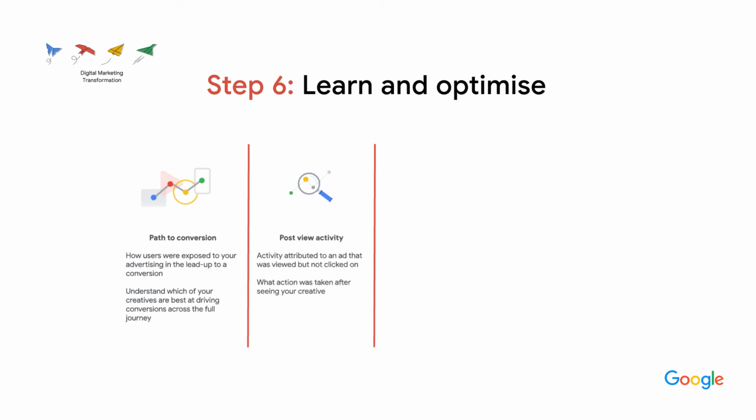Because not everyone clicks on display banners. A lot of people see it and get influenced by it. So you need to look at the way that you're measuring, because it can't just be last click. You should look at the full journey, because display does influence the conversion path. You can look at also, if people do click on the banner, what is the next step, and do they convert, and what do they do on the site, etc.